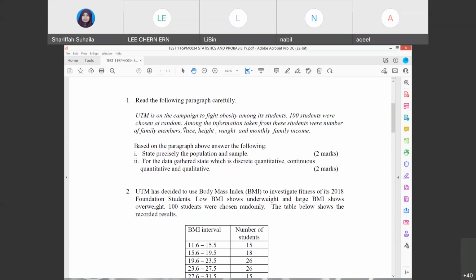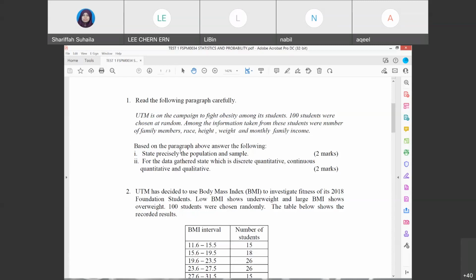So again here, we want to state the population and also the sample. Since the object here is students, we mentioned UTM is on the campaign to fight obesity among its students. It does not say students from which faculty or anything, there is no mention. So when you want to state your population, it should be all UTM students. So that is your population. Your sample is 100 students, or 100 UTM students. So that is your sample.